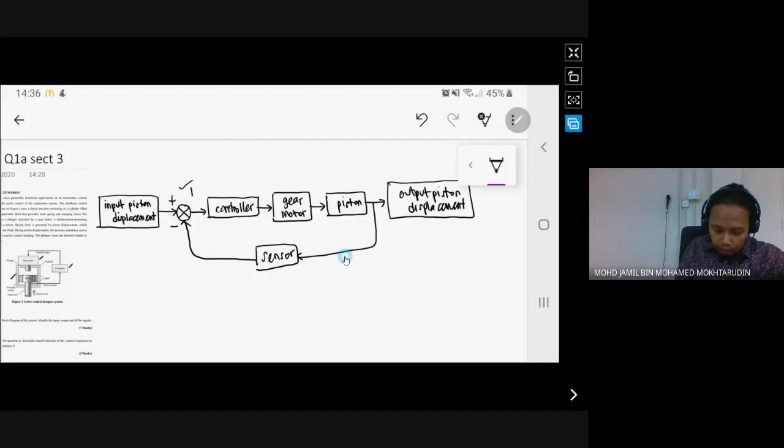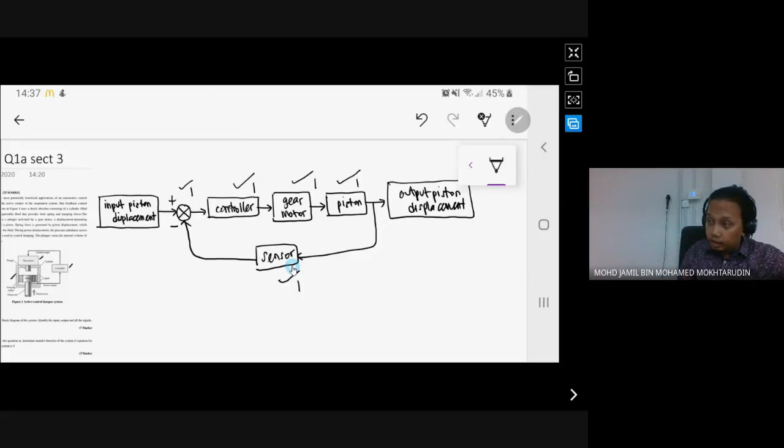So for this question, if you have the summing junction, you get 1 mark. If you have the sensor, 1 mark. Controller, 1 mark. Gear motor, 1 mark. Piston, 1 mark.